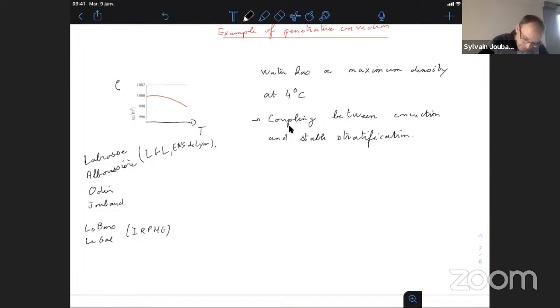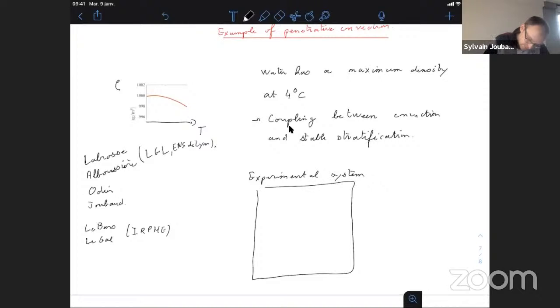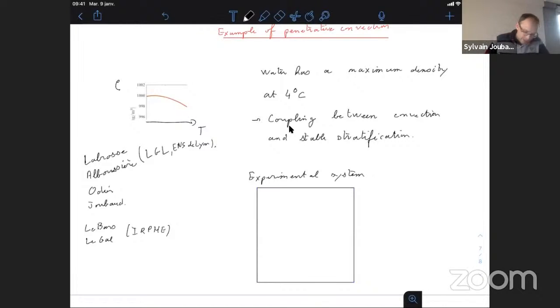So the system is the following. You have a tank. Basically, the tank is around 20 centimeters, something like that.